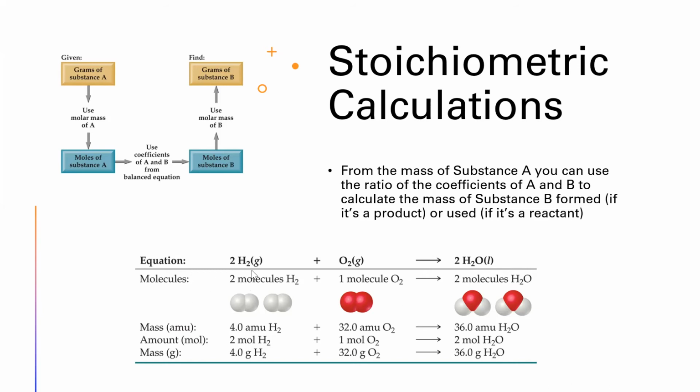This is an example. We have 2H2 plus O2 producing 2H2O, with the mass of hydrogen being 4 and the mass of oxygen being 32, and then we produce 36 of H2O. This is what we call the law of conservation of mass.